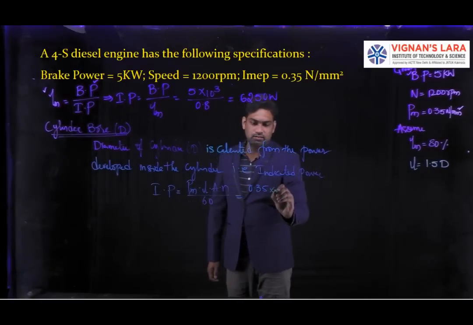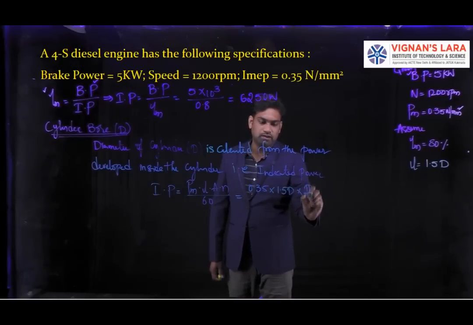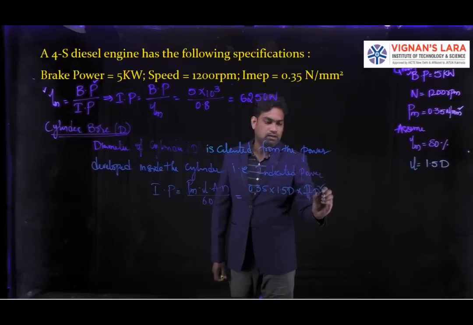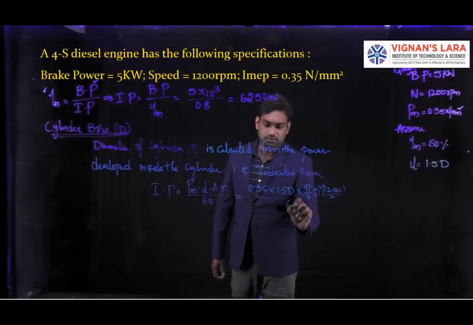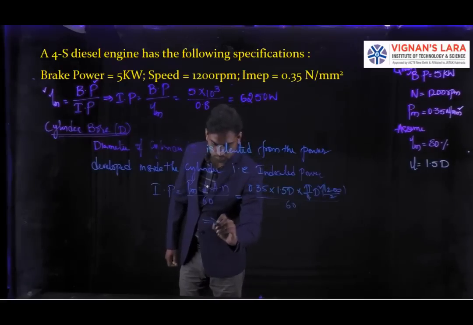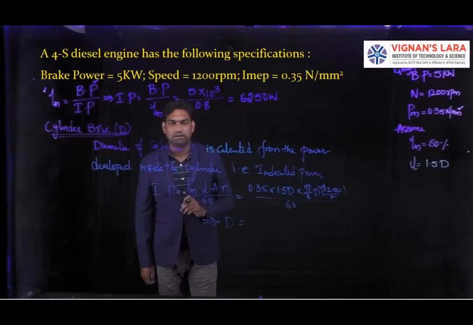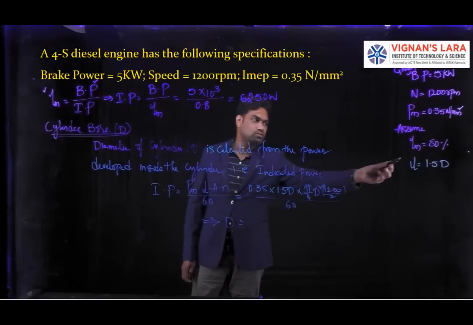So I can substitute here 1.5 times of D, and the area in terms of diameter, and N is 600 divided by 60. From that I need to calculate the diameter of cylinder, capital D. If you want to change the length of stroke, you can change.